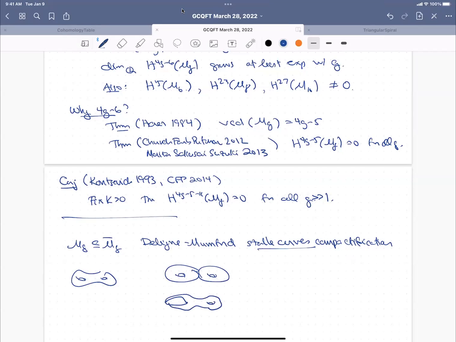So we could have some vanishing cycle, some loop that pinches off to 0, and then we could even get down to 2 rational curves meeting at 3 nodes, or we could have 2 singular rational curves that meet at a node. So these are the 3 nodal curves. And there are some other strata that live in between, where one of these could become singular, or this could pick up 2 nodes.